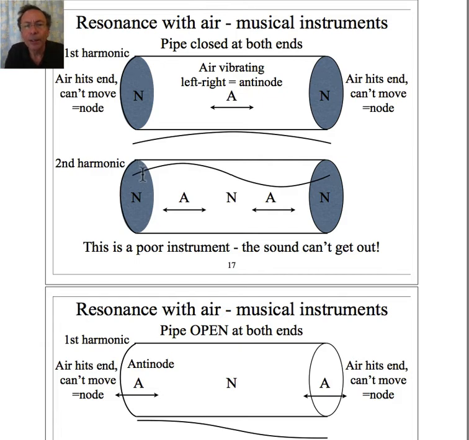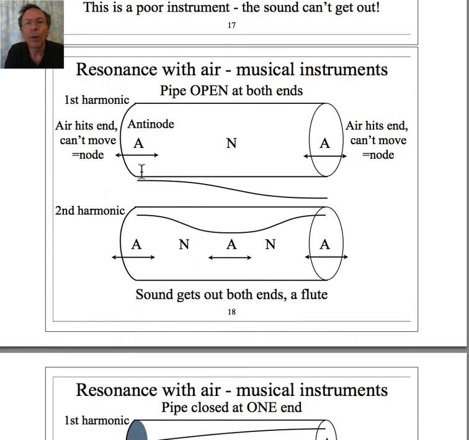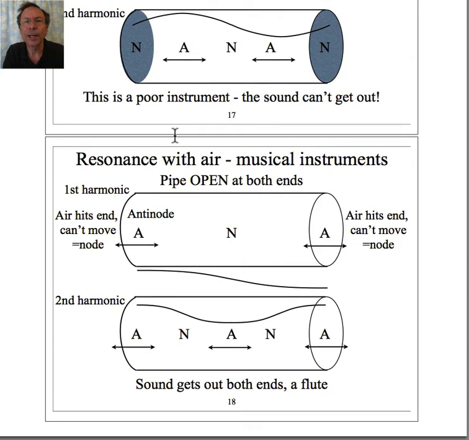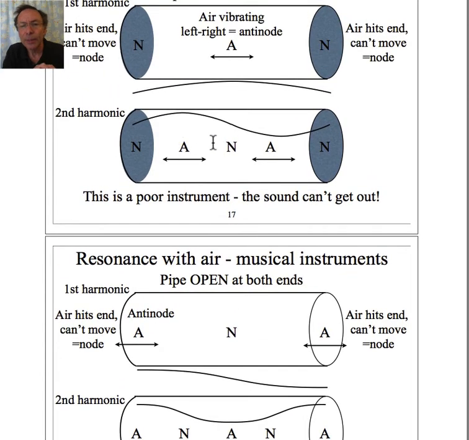A better instrument is where you have the two ends of the pipe open. Now, this is a little strange. You see, when you have the pipe closed, the air molecules are trapped, right? They can't get past the end. Whereas with an open pipe, the air molecules can easily go in and out.